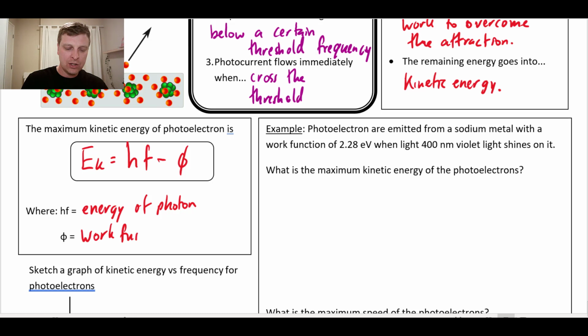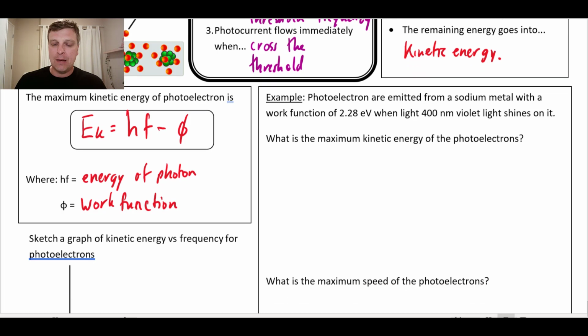The work function is a way of measuring how much energy it takes to rip an electron free from the metal. It is the ionization energy, right? This just goes back to how much energy it takes to ionize this metal. Now each metal is going to have its own work function, or amount of energy required, but each metal is going to require some energy in order to break an electron free.